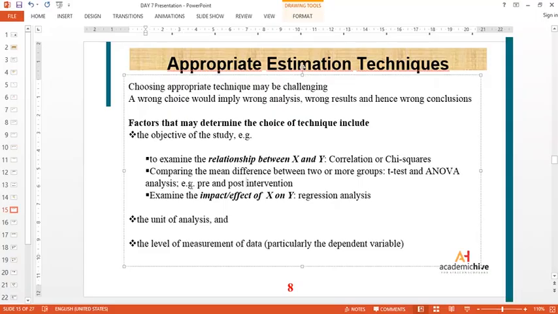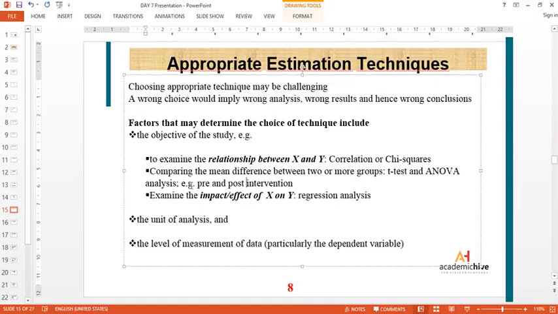Before that intervention was brought into the conflict zone, what was the living standard like in that conflict zone? That is the pre-test. So you get the statistical result of the pre. Then after you have introduced the intervention, you want to see what the living standard is like after the intervention. So you have a pre and a post test.